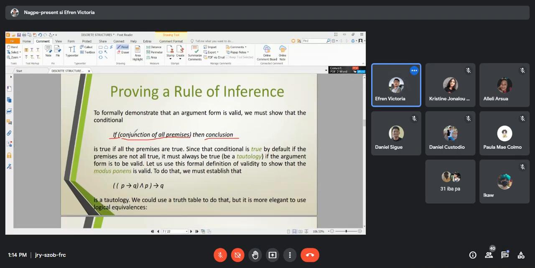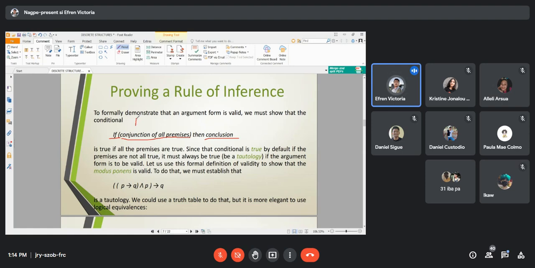So if we use conjunction, for the compound proposition natin para maging true, dapat lahat ng premises ay true.